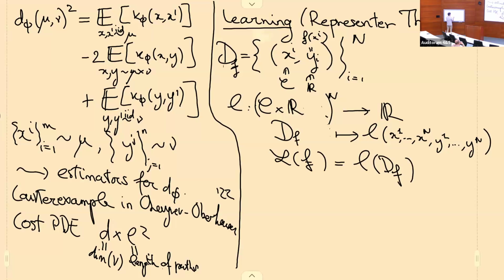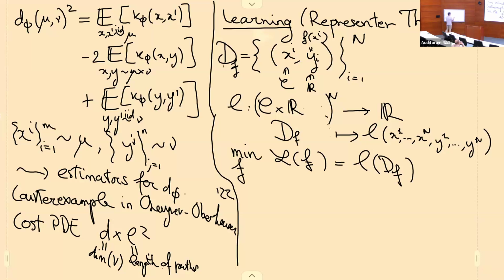In optimization, in machine learning, you take the minimum over your favorite space of functions. If you're in deep learning, you take f to be in the space of neural networks.